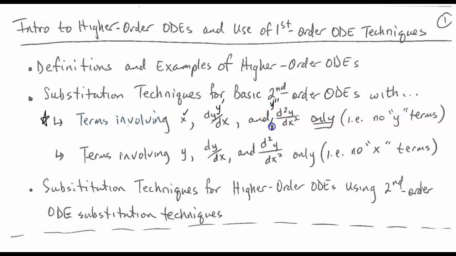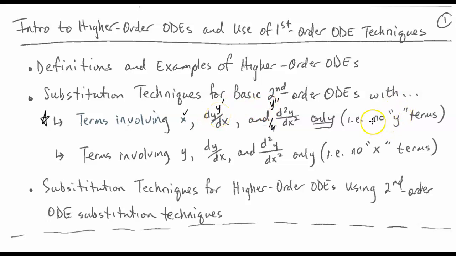Okay, and this says and, but it really should be and/or. Okay, so as long as each term that we have either has an x in it, and/or a y prime in it, and/or y double prime in it, there's going to be one technique for that.